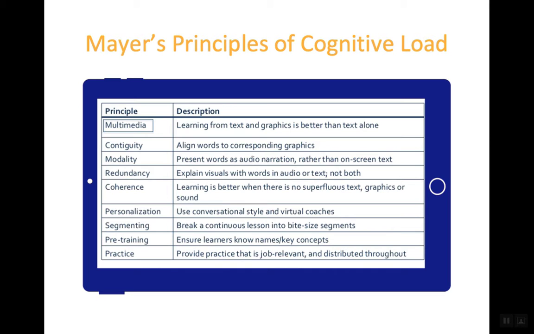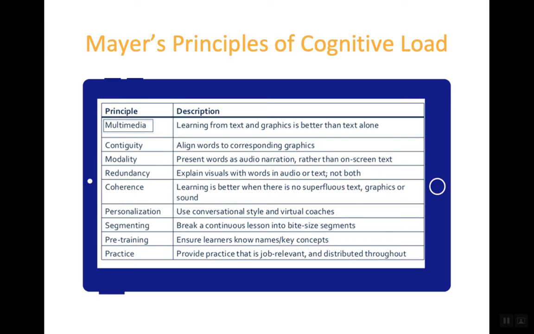Also, it's best when you align words to graphics when you're presenting information. Presenting words as audio narration is much better than presenting text on the screen. When we explain using audio narration along with visuals, it's then redundant to use on-screen text on top of narration and visuals.